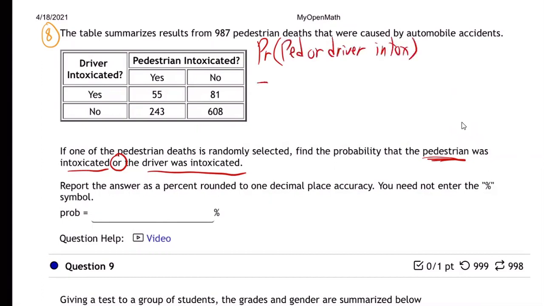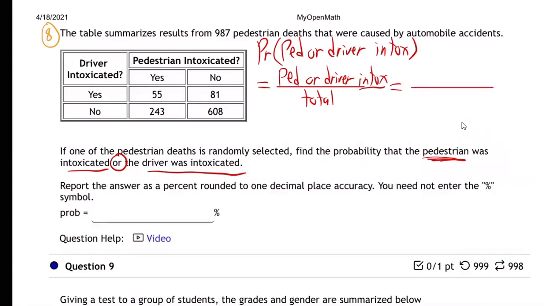Okay, so how do we do it? Well, it's going to end up becoming a fraction. And we do pedestrian or driver intoxicated over total.